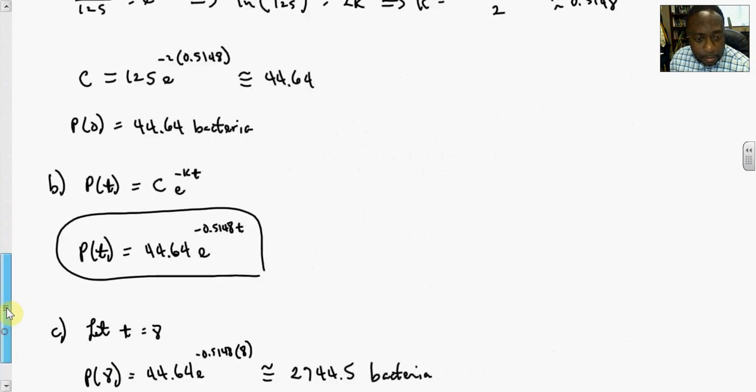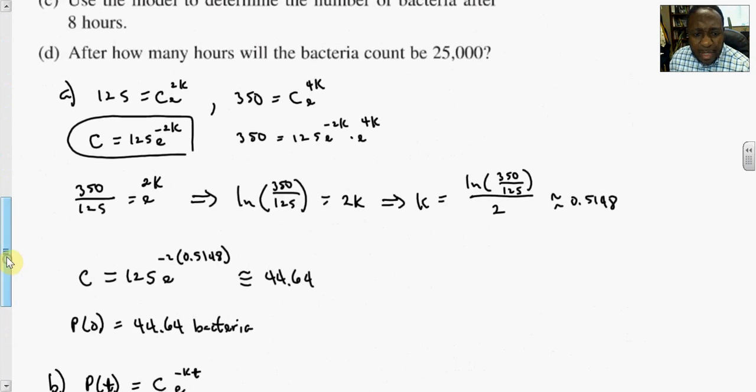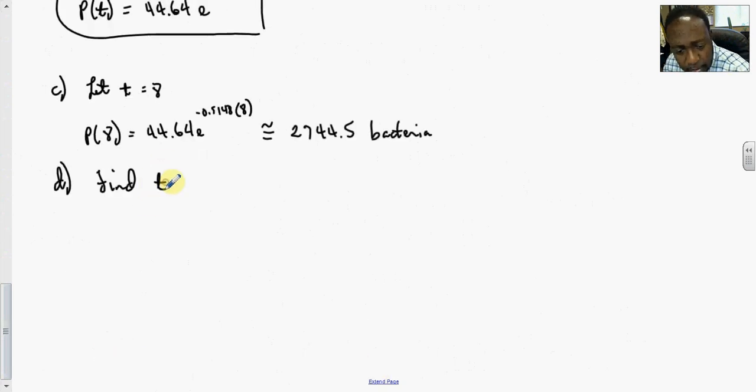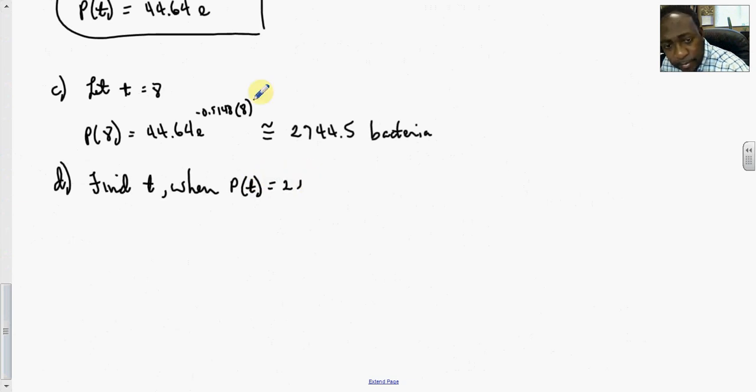Part D, this is after how many hours will the bacteria count be 25,000. So here we have to find t when P of t is equal to 25,000.